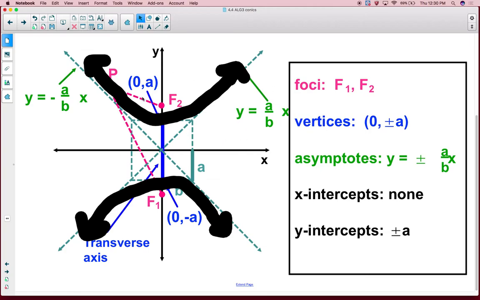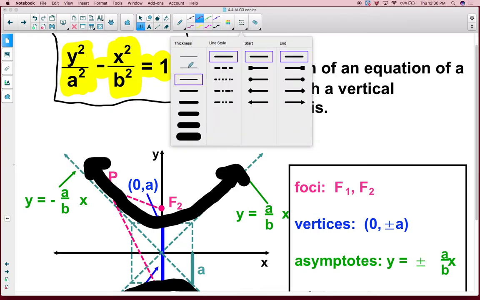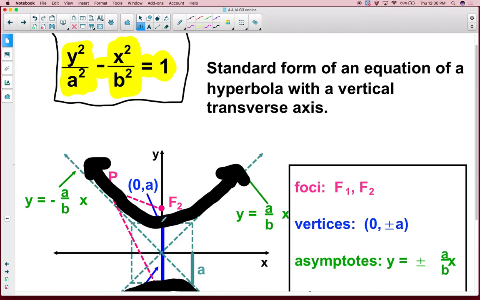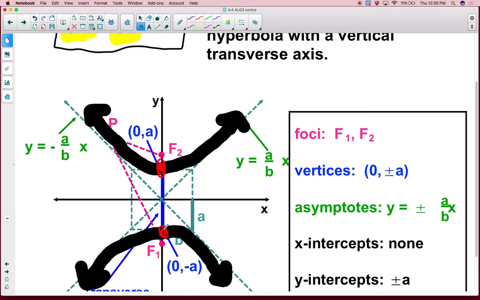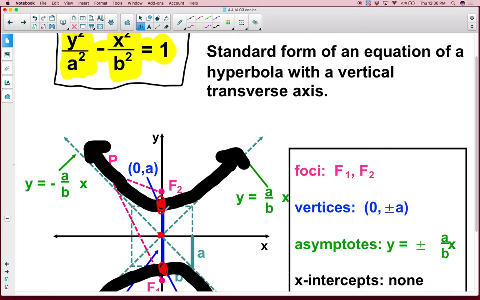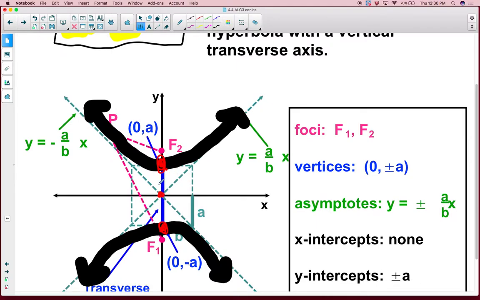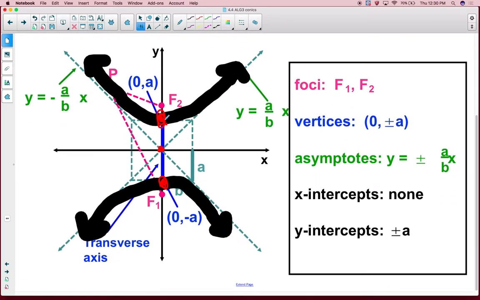The vertices are going to be (0, a), and if you look here underneath your y, you have a. So underneath that, you'll have whatever your a is. This is a, and this will be negative a. Those are your vertices. Then notice here from your center to your vertex, this is a. And it does matter what the value of b is, because when you graph these you're going to draw something called the central rectangle.